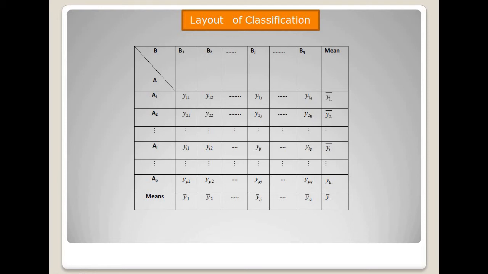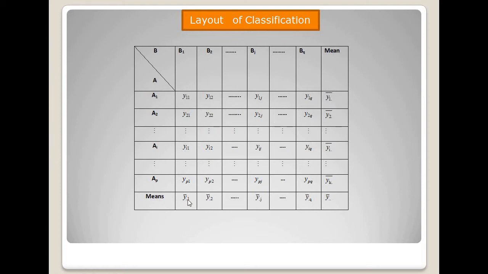Here Yij represents the observation for the ith level of factor A and jth level of factor B. For example, Y11 represents the first level of factor A and first level of factor B, and similarly Y21 represents the second level of factor A and first level of factor B, and these are the mean of these observations, that is Y11, Y12 up to Y1Q is Y1 dot bar.